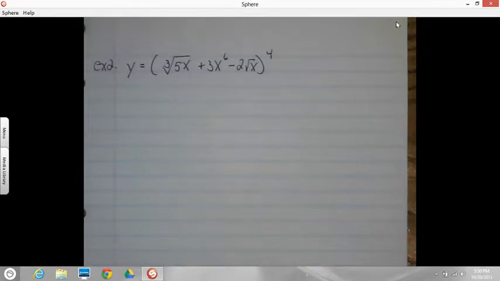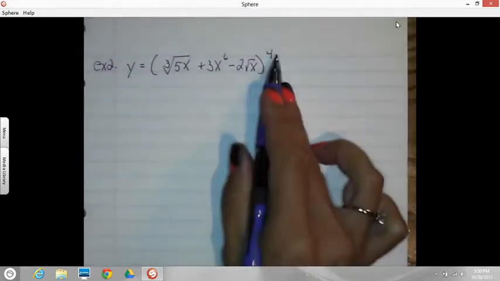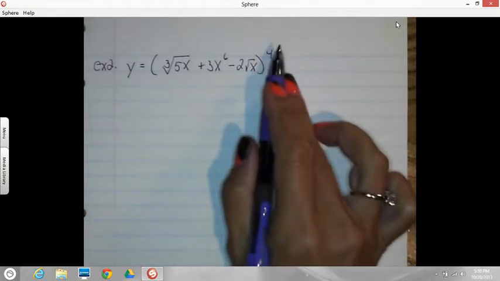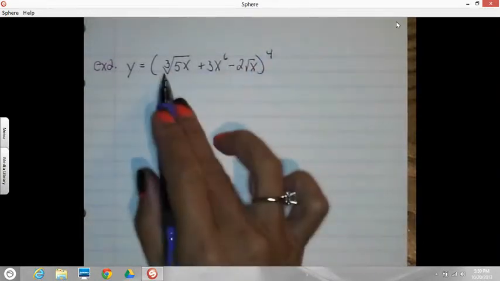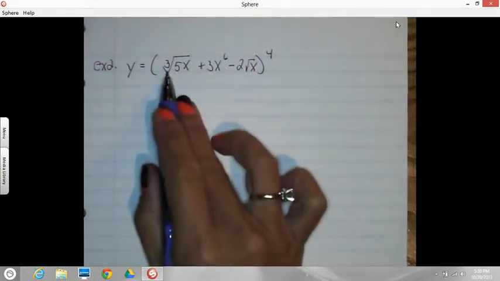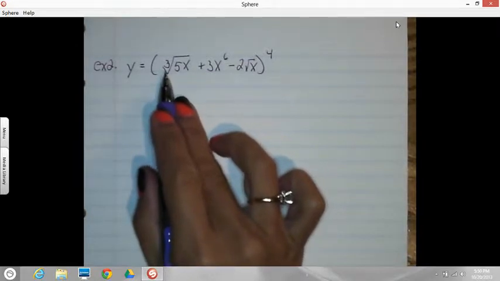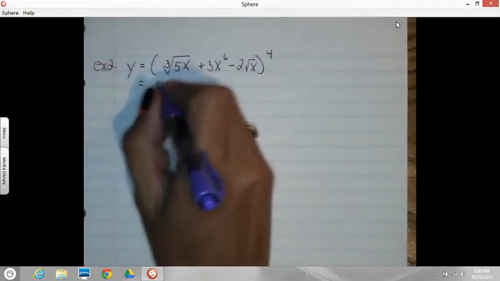Okay, you can definitely see you've got an inside and an outside when the parentheses are there. You know we're going to start with the outside, but these are going to have to be rewritten. You want to see fractional exponents instead of these root symbols. So I'm going to take the time to rewrite them.